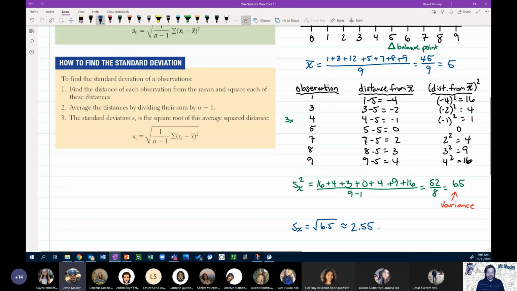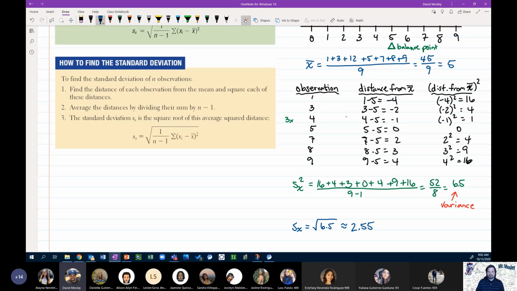All right. So the standard deviation essentially is telling us that on average, our measurements here in our dot plot or in our distribution of observations are about 2.5 units, or 2.5 pets, away from the mean.